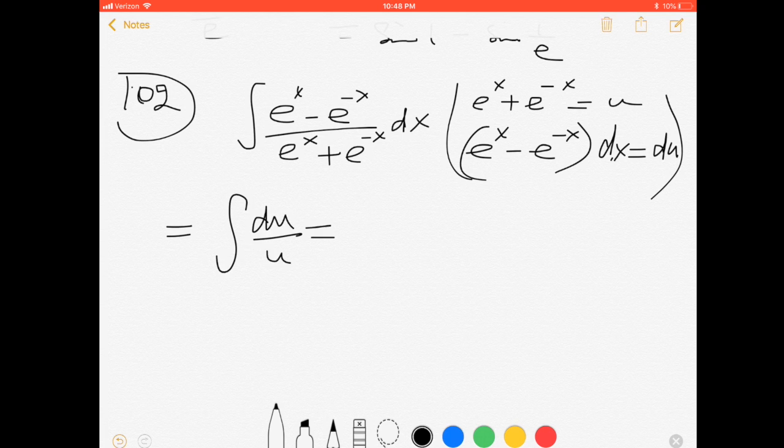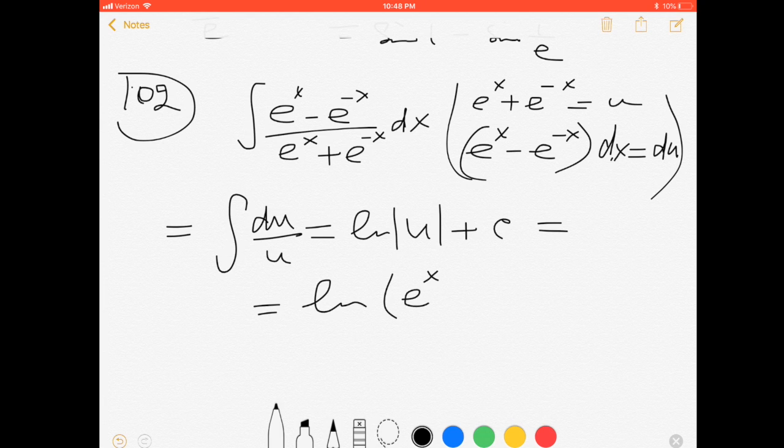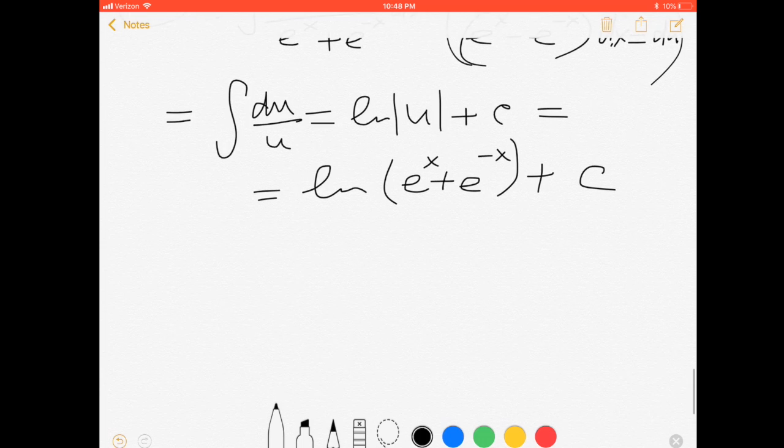As you remember, it will be natural log absolute value of u plus c, or natural log of e to the power x plus e to the power negative x plus c. I don't write absolute value here because each term is positive, and if you add, you have positive here.